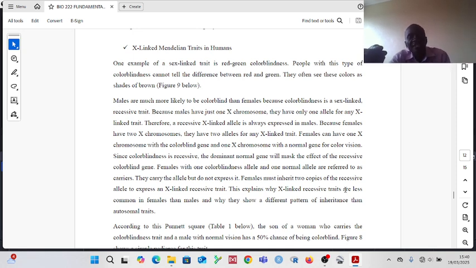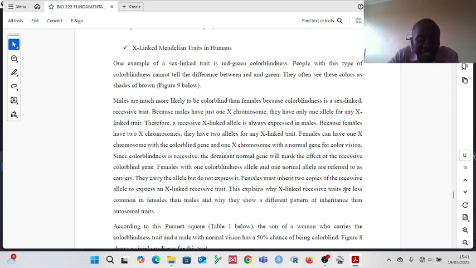So if the father had the normal one, the ability to differentiate between red and green, then the father's normal red-green ability that is linked on the father's X chromosome will cover the recessive trait that came from the mother's X chromosome.